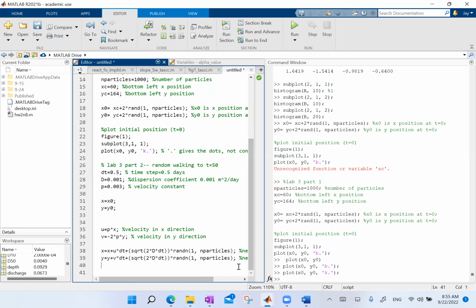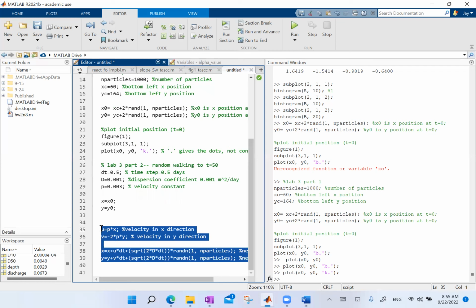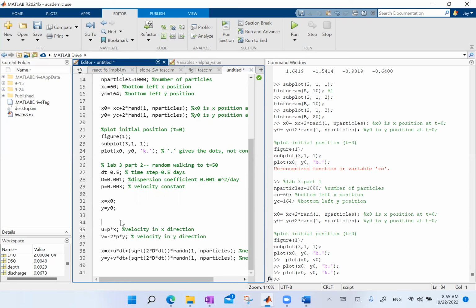So we need a for loop for this part. So everything, velocity will change based on time because the velocity depends on the new position each time, and the new position also changes. So we're going to put this part in the for loop, but the initial x, y, they don't change based on time. They're just the starting x, y position. So we don't put that in the for loop.